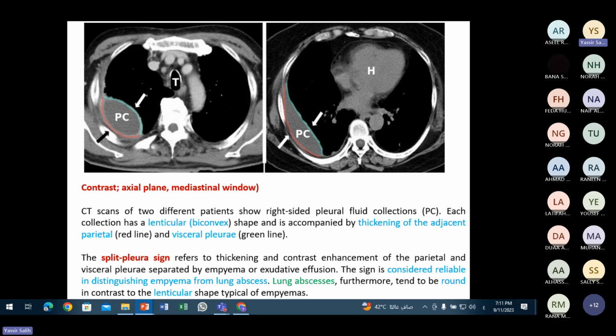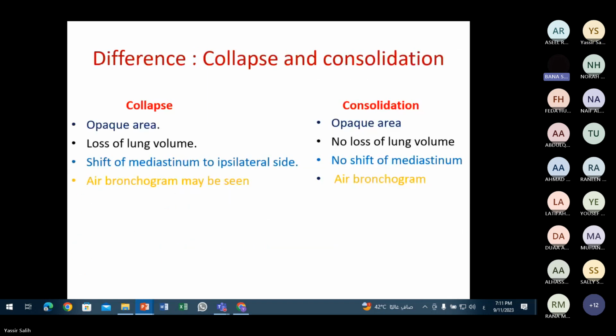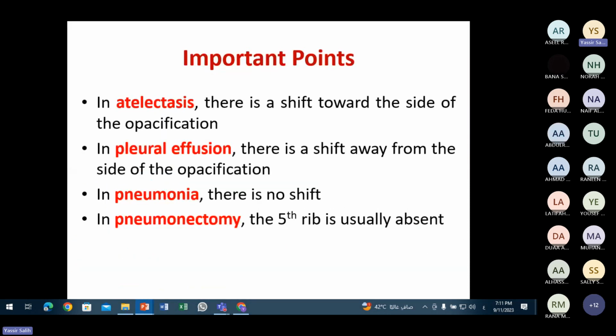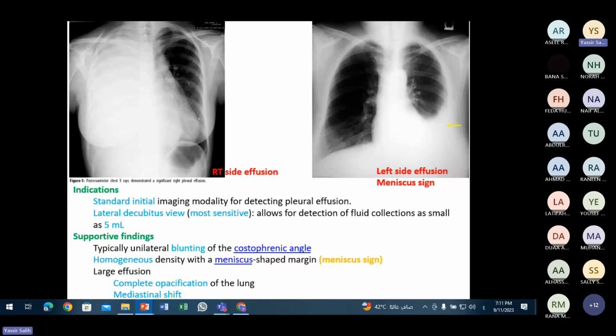Doctor, about the left atrial enlargement, I did not understand the double wall. Yes, the double wall sign. First, to understand the double wall sign, this is the right cardiac border. The right cardiac border is formed by the right atrium. This is a normal cardiac border.